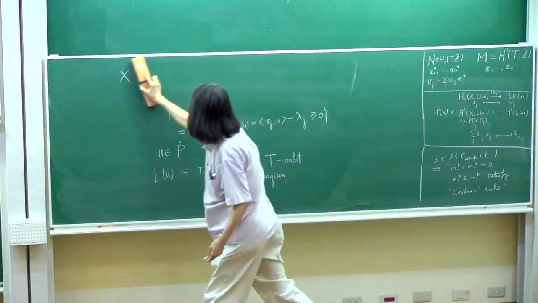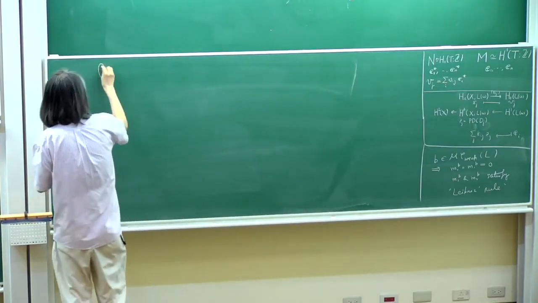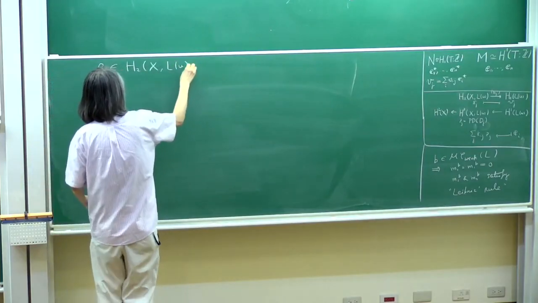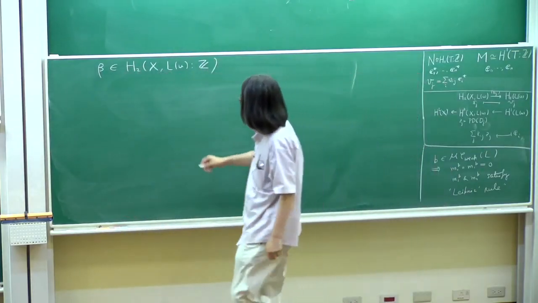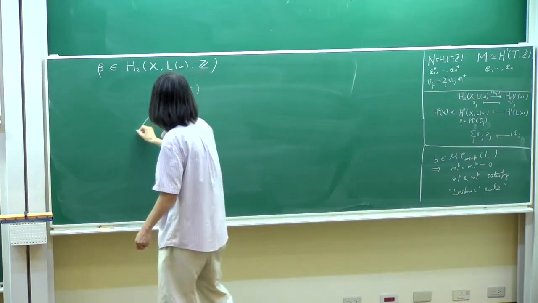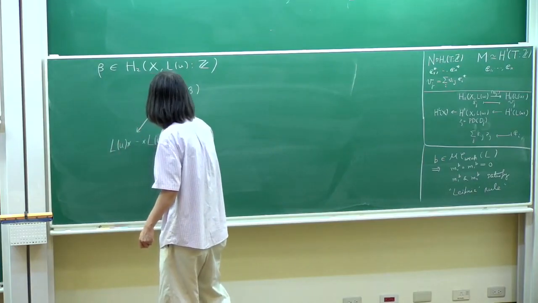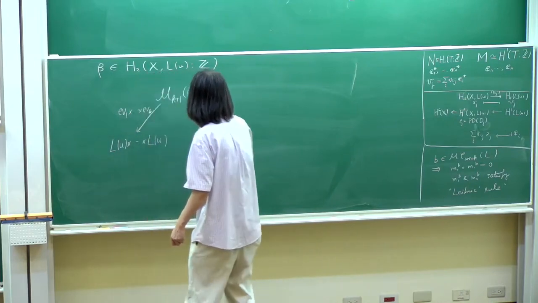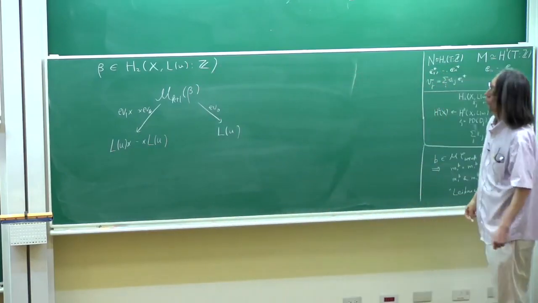Take beta from H_2(X; Z) and consider this moduli space and map it to L_u.